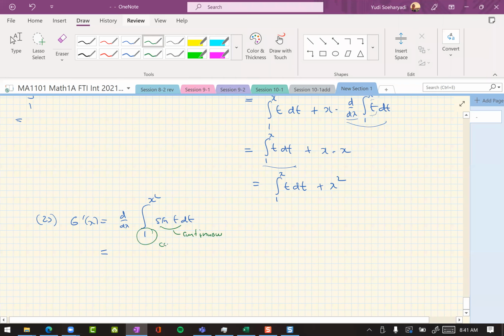This is constant. The lower bound is constant. This one is not really x, but x squared. So this is a function. The upper bound is not variable, it's a function.